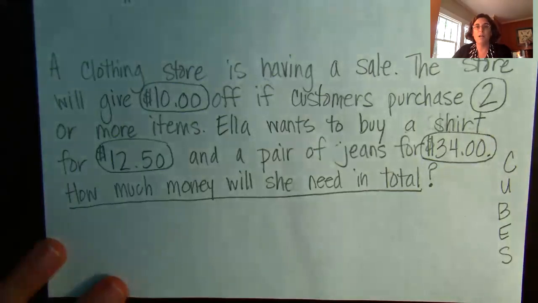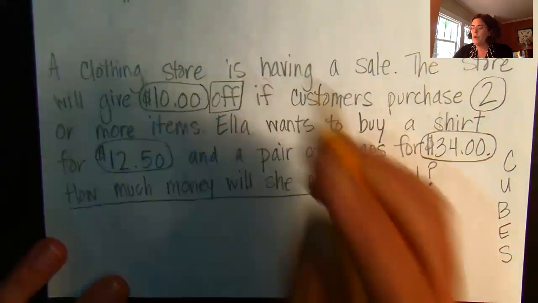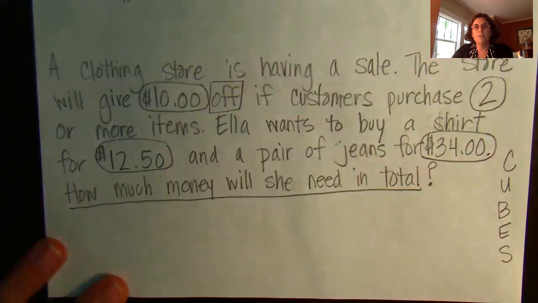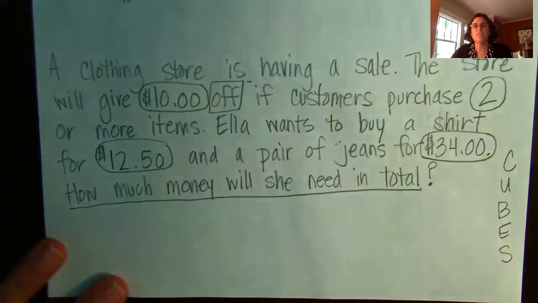Let's go ahead and box some key words. I'm going to box this word off. What mathematical operation do you think that gives us a clue for? If you said subtraction, you're right. I'm just going to write a little subtraction sign right next to it so that I can remember that when I'm getting ready to solve my problem.